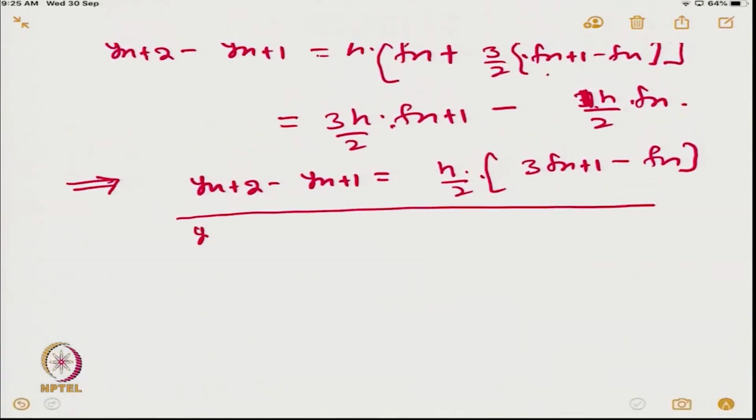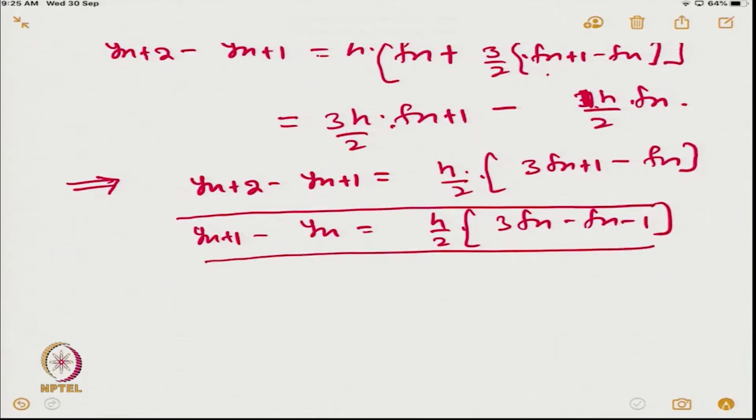I can write y n plus 1 minus y n equals h by 2 times 3 f n minus f n minus 1. In the last lecture you must have seen it in the following form. That does not matter, because I am replacing n with n minus 1. So, we can get the following terms.